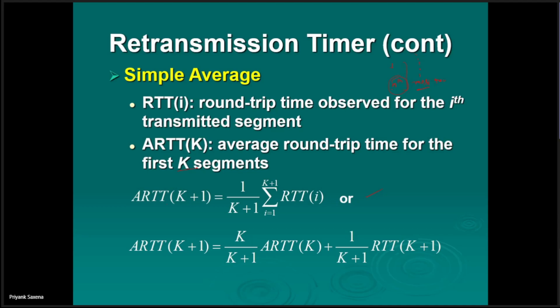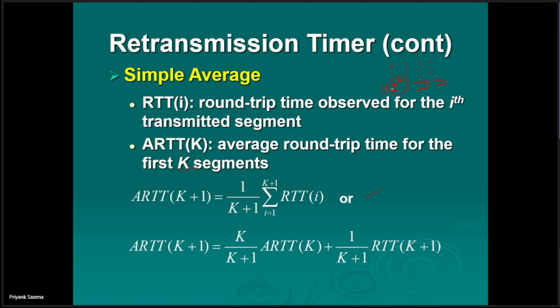Suppose we have taken an average for k segments, where segment 1 went, then 2 went, then the nth went. The nth one is basically the most recent one, so it reflects the actual condition of the network, how much time it took. Whatever the network condition was at that time, it is like that, but the most recent incidents reflect the actual condition of the network.